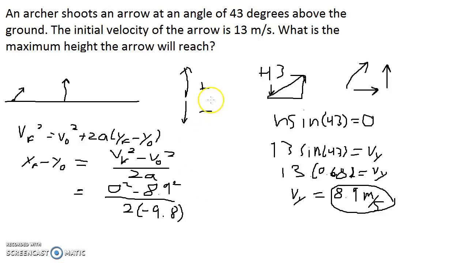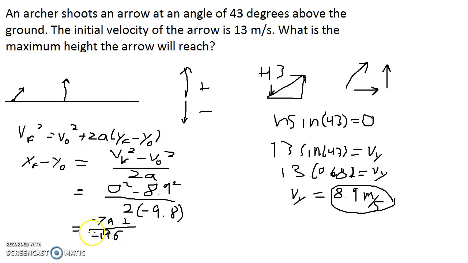Since the acceleration is down towards the ground, the acceleration will be negative. So 8.9 squared comes out to be about negative 79.2, over negative 19.6.